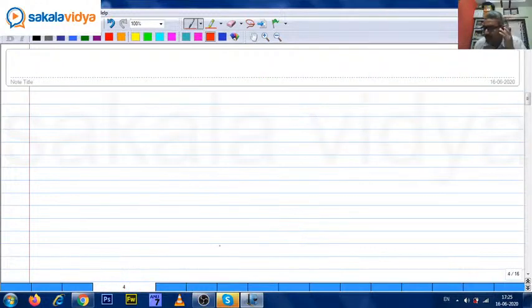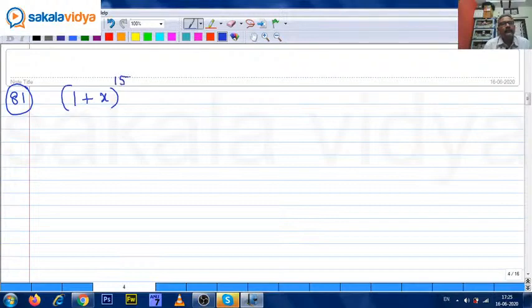So what is the question number now? 81, I think so. 81. 1 plus x whole to the power of 15 equals a naught plus a1x plus so on plus a15 x to the power of 15.